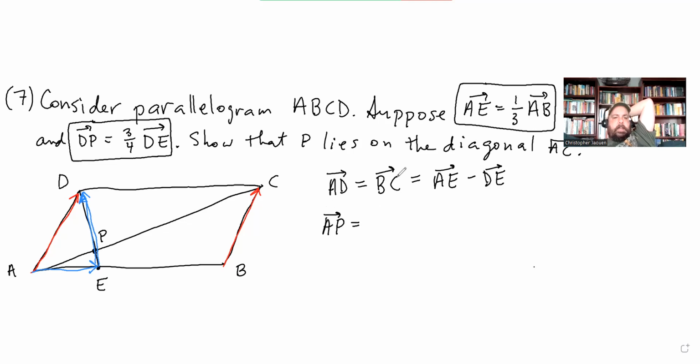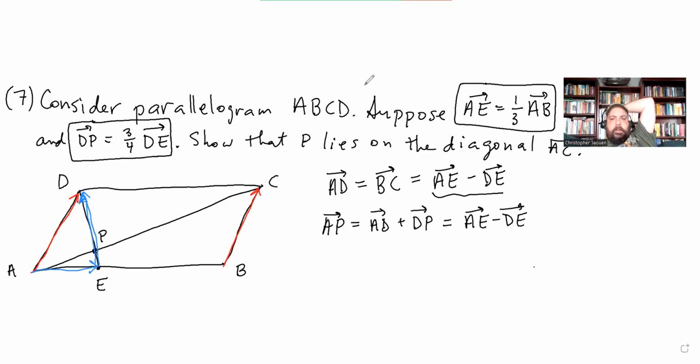AP I can write as AD plus DP. And I know that AD is equal to AE minus DE.